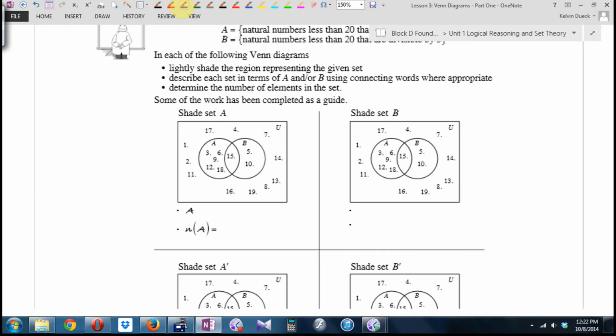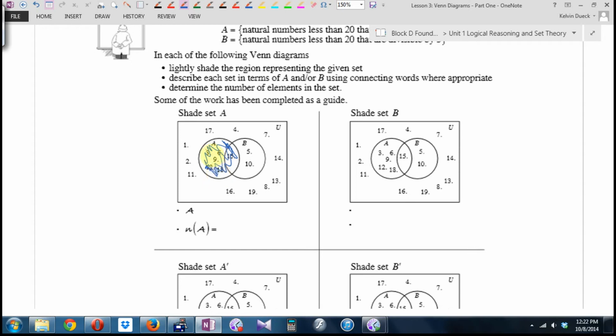Shade set A. Right? What's n of A? And remember, lowercase n is our abbreviation for the number of, how many? 5?